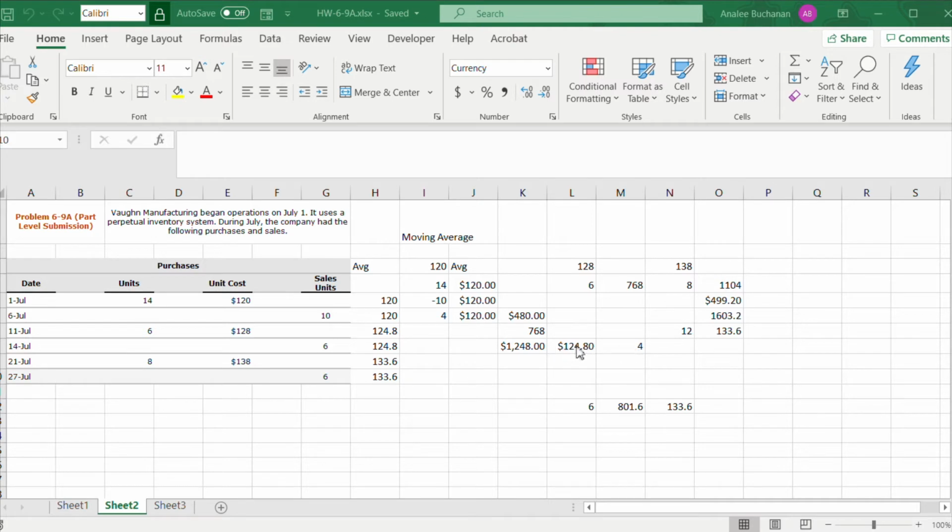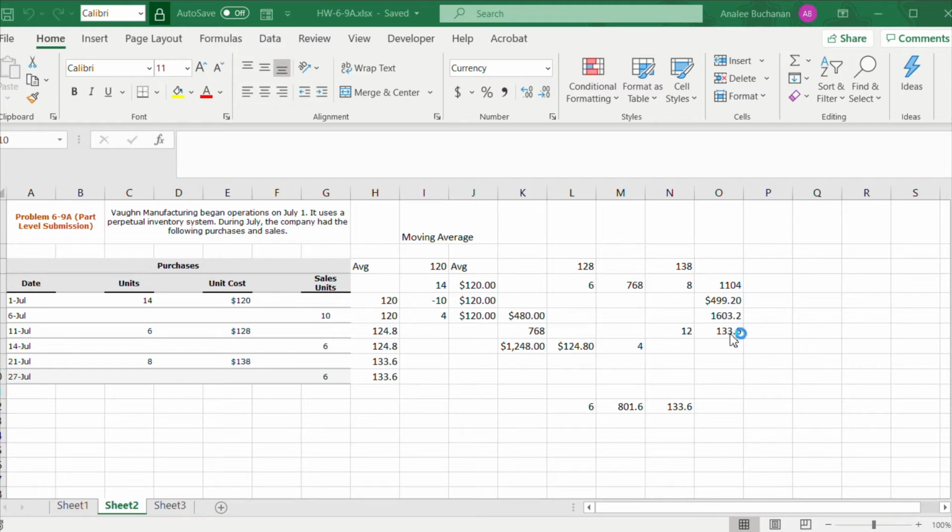So we multiply those together and we get 499.20. When we add those two totals together, we get 1603.20, and then we divide that, and it gives us 133.60. So that average is 133.60.